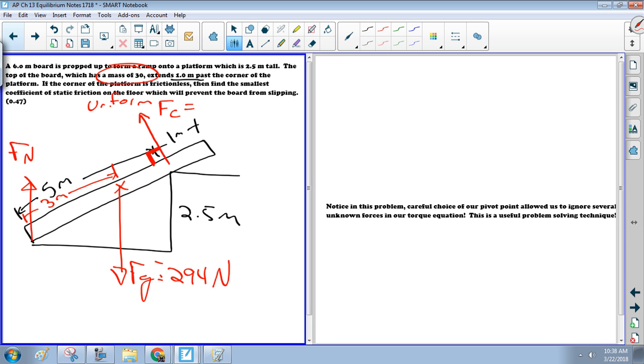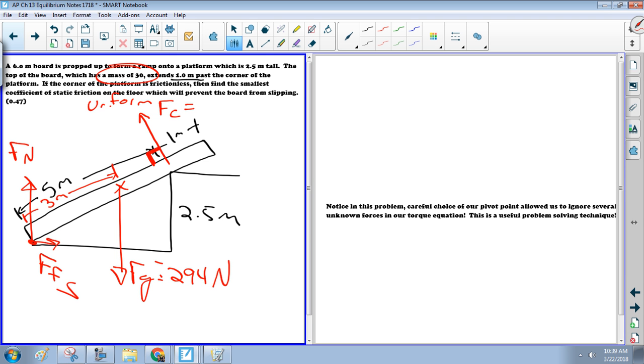Cool? All right, and then there's got to be one other force. Remember, the problem tells you this point is frictionless. So think about what would happen. Wouldn't the ramp slide down? So there's got to be friction pointing this way, right? Cool?